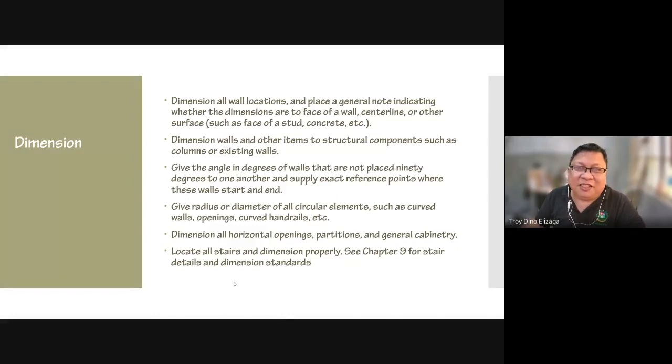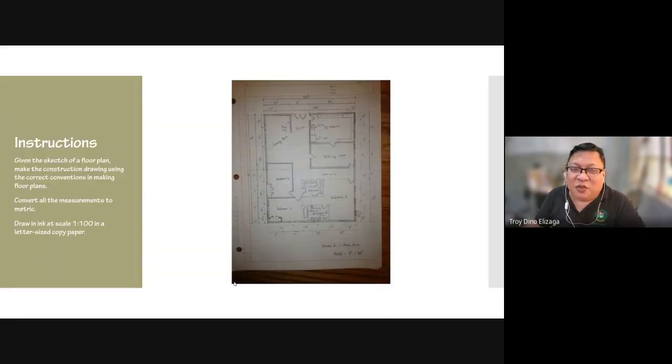So chapter 9 is for stairs. This is what I want you to do. There's a sketch here. I got this also from the internet. This is not mine. You have to draw this properly as a construction drawing, and you have to convert all the measurements into metric, and then draw in ink at a scale of 1 to 100 on letter-sized copy paper.